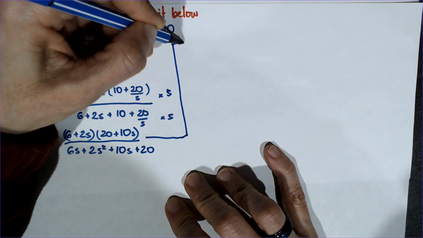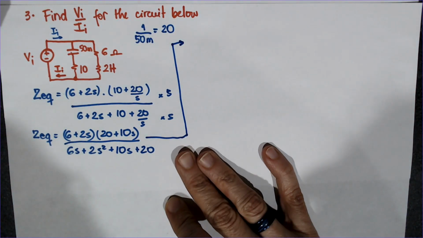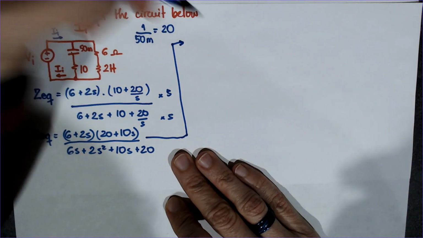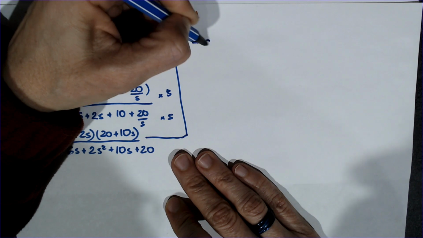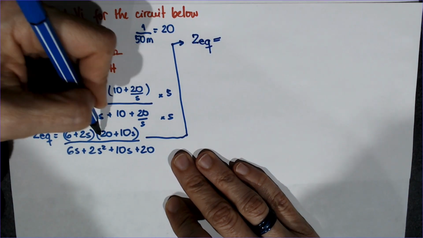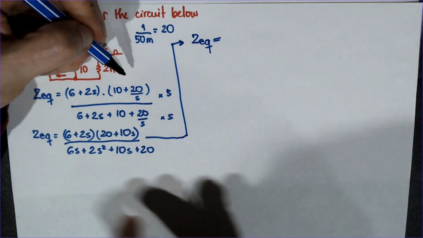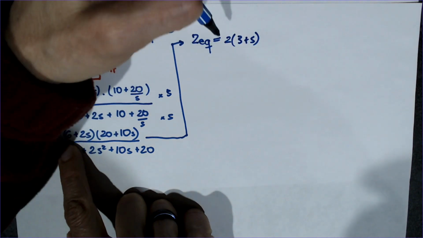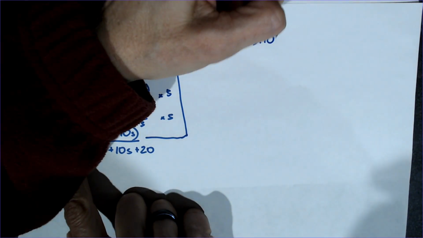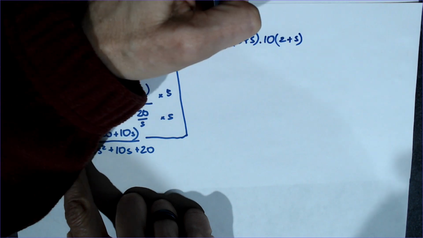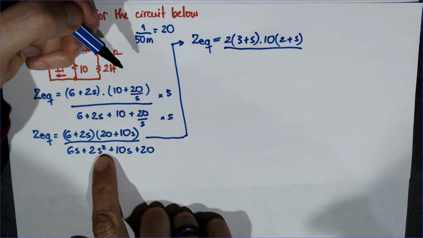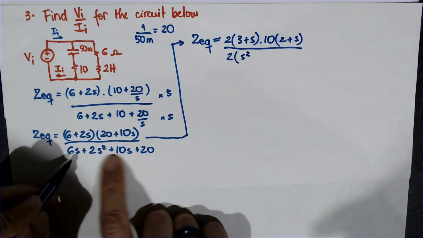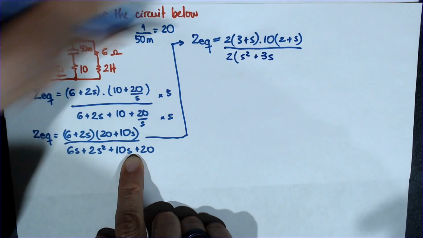Now it's a matter of putting these things together, or leaving them out. So I can get the 10 and the 2 out here. So it's 2 times 3 plus s, and then 10 times 2 plus s. And down here, I'm going to leave the 2 out for the s squared, plus 3s.